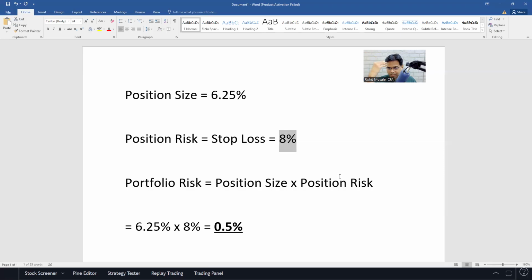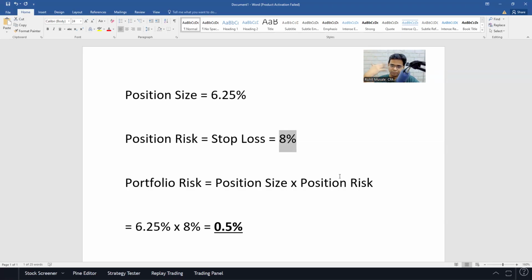No. First make some money and then increase your position size, right? People get excited and they learn the system, and say I want to put 15-20% of my portfolio in a single stock. I do not have a prayer for you if you do those kinds of things. Please control your position size.